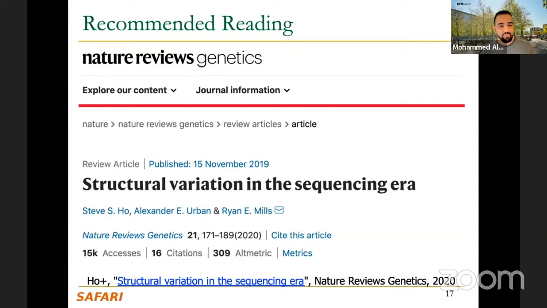Structural variation means any variation, whether insertion, deletion or substitution, that is larger than 50 characters. So if you have a deletion of more than 50, then we call it structural variation. And in this paper, you'll see a lot of methods, algorithms and types of structural variation, so you can get a good introduction to this topic.